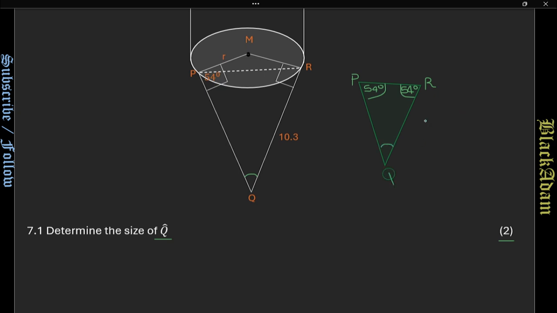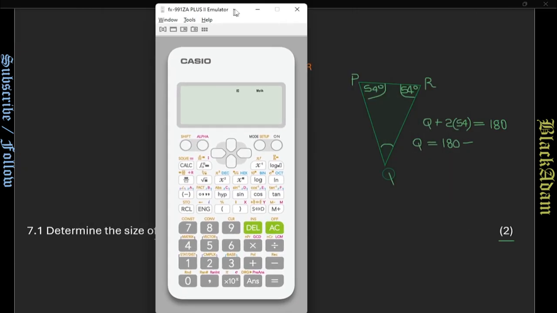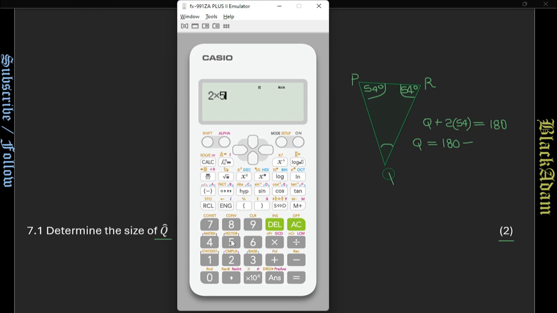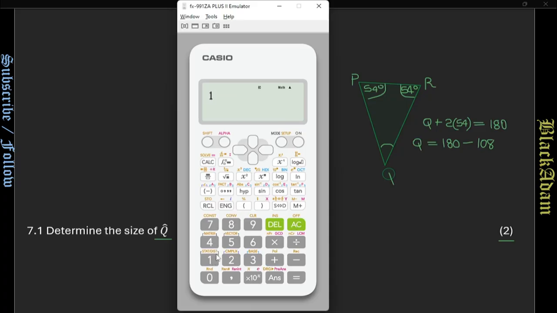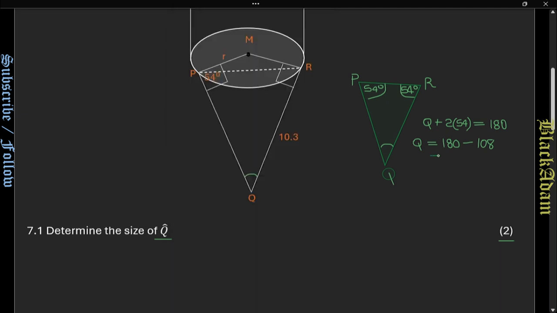So that's the interior angles of the triangle, which add to 180. So we have Q plus 2 times 54 giving us 180. And then that means Q is going to be 180 minus 2 times 54. That's 108. And then we have 180 minus 108, which will give us 72 degrees.